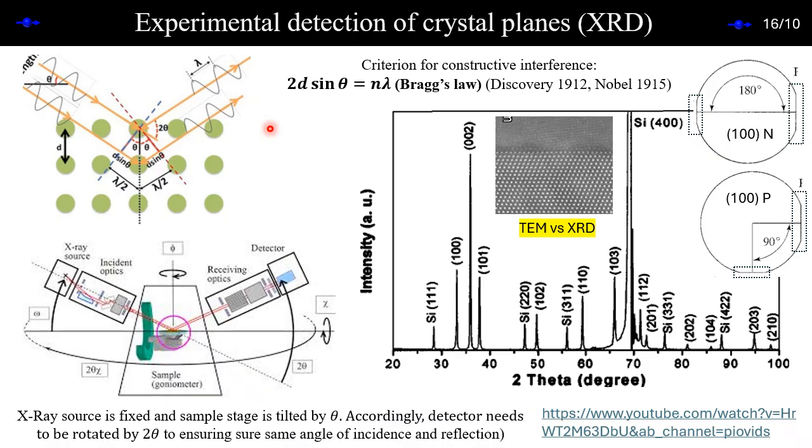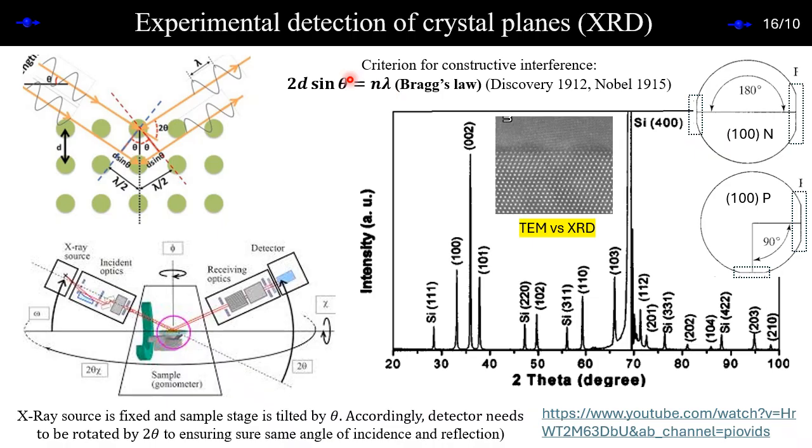To have constructive interference, just the way you had for Young's double slit experiment, the condition is given by Bragg's law. This is the path difference; interference is essentially the path difference. If it equals n lambda, you get interference patterns.